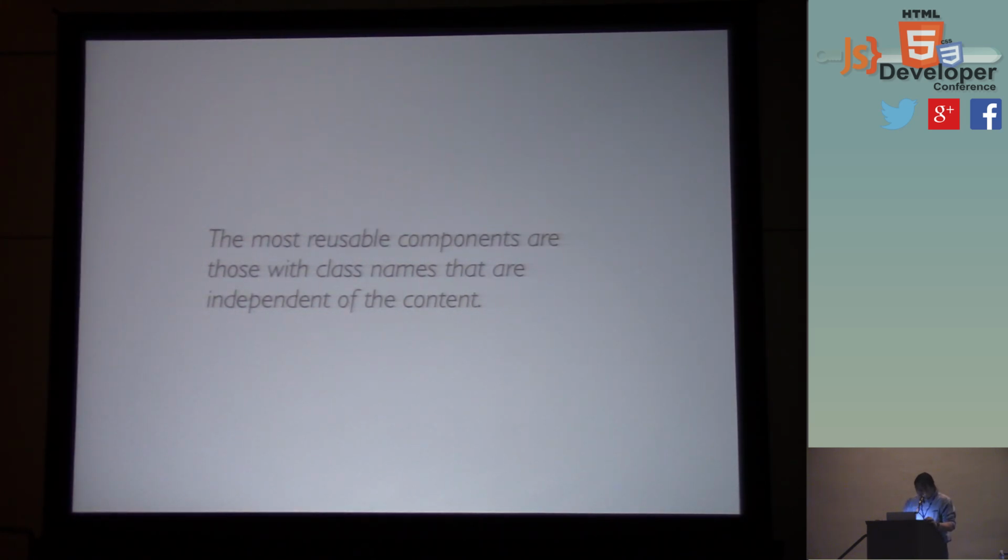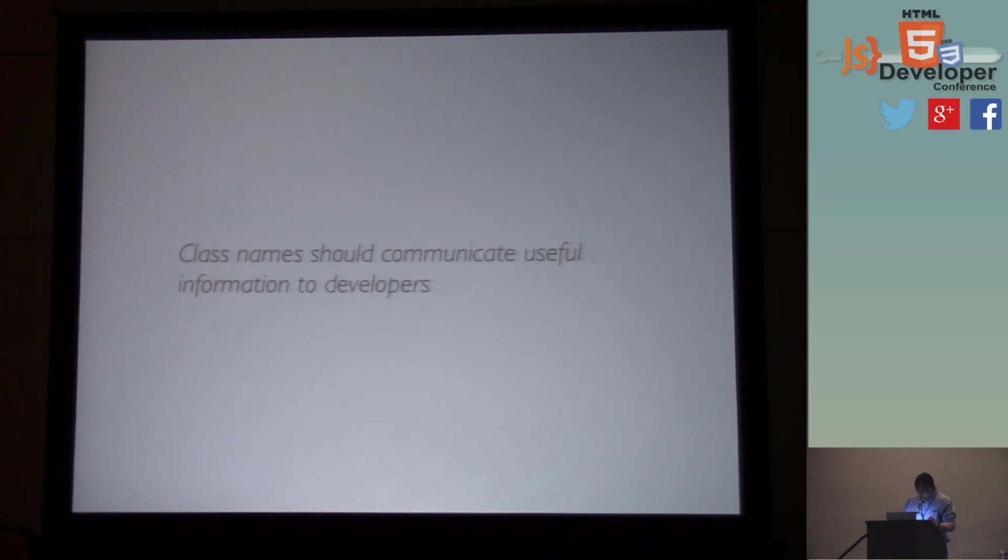He also says that the most reusable components are those with class names that are independent of the content. Class names should also communicate useful information to developers, and I think that's very important for us. When we talk about readability of the class names in your markup, that's very important as well. We'll talk about that soon.